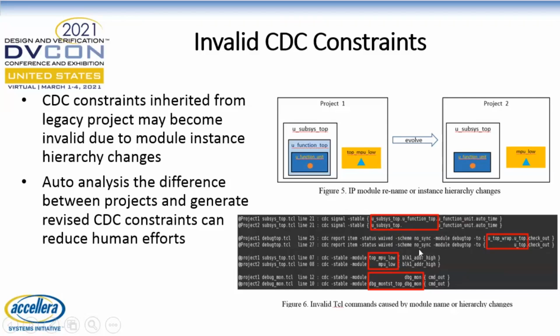These errors are obvious. We can use a script to automatically analyze these changes from Project 1 to Project 2, and then apply the difference to reusable CDC design spec files to generate revision openings. The designer can quickly update the new CDC design spec files based on these openings.